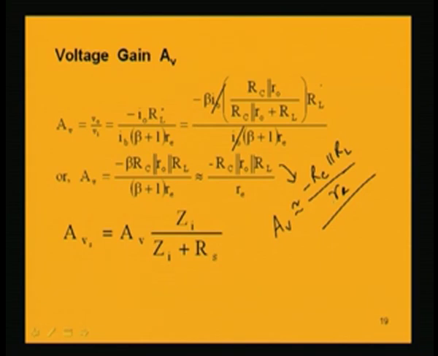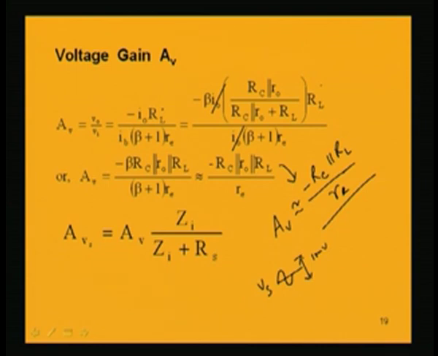Now let us find the overall voltage gain with respect to the source. Suppose I apply a small signal Vs whose peak to peak value is 1 millivolt. How much amplified signal do I get at the output?